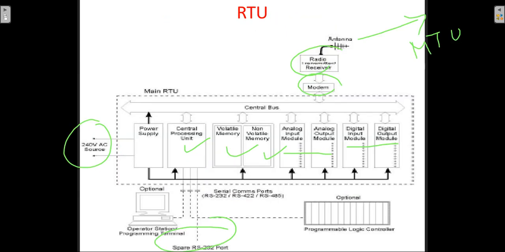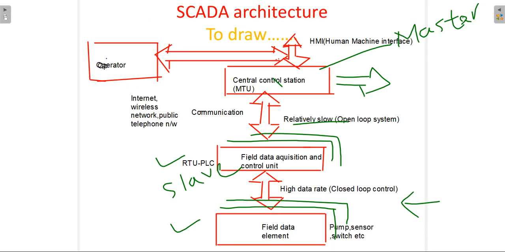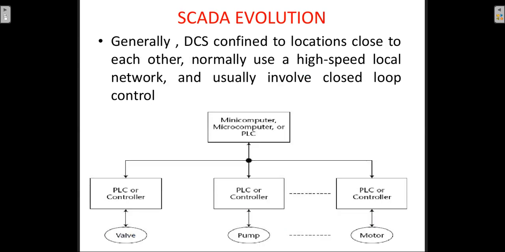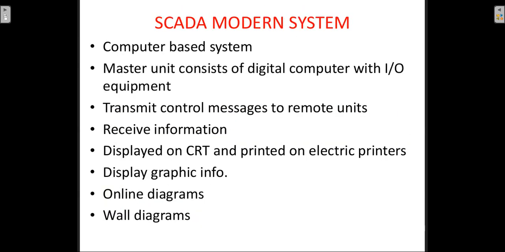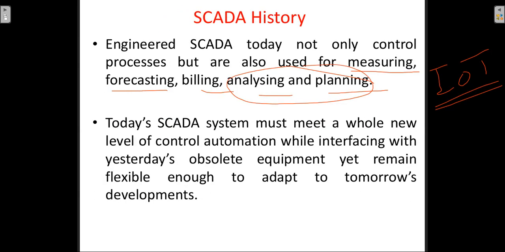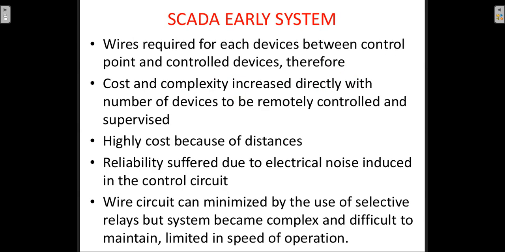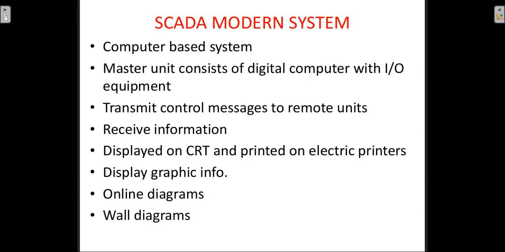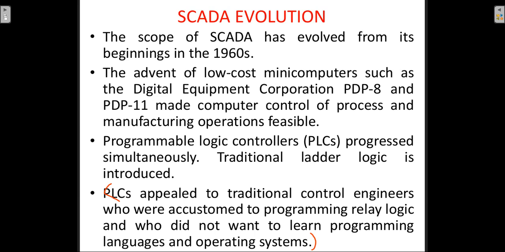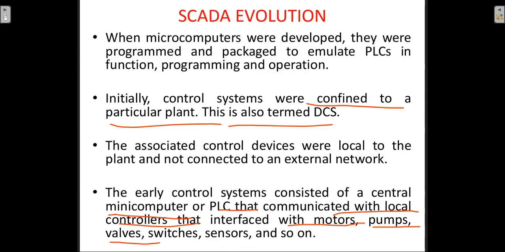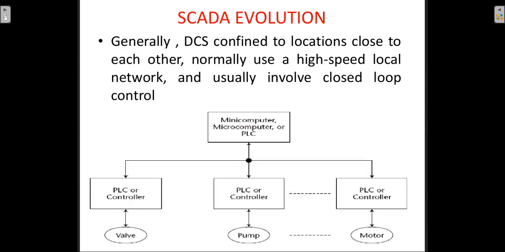So far what we have discussed is the history of the SCADA system: what was the early SCADA system, what is the modern SCADA system, and how the evolution of the SCADA system has taken place in parallel with that history.